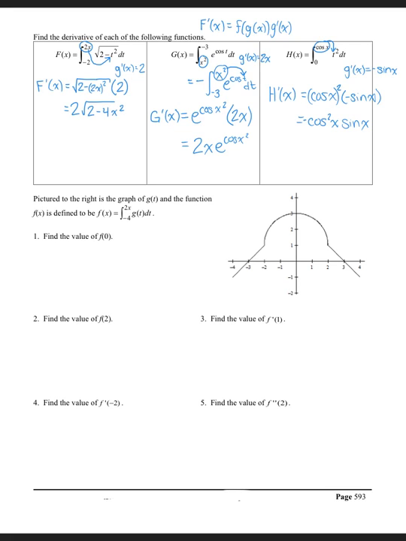Now comes some application. So the picture to the right is a graph of g of t, and the function f of x is defined to be the integral from -4 to 2x of g of t. So number 1 says find the value of f of 0. If we are plugging in 0 for x, then it needs to go in for x everywhere.